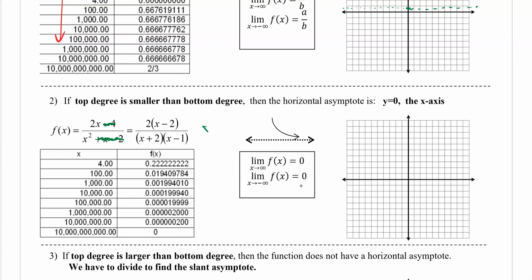Well, this is 2 over x. This is a fraction. So what we're getting here is like 2 over 4, 2 over 100, 2 over 1,000. And then at the very end, it's 2 over 10 billion, right? So 2 over 10 billion is extremely small. This is approaching 0. The fraction is getting smaller and smaller and smaller.